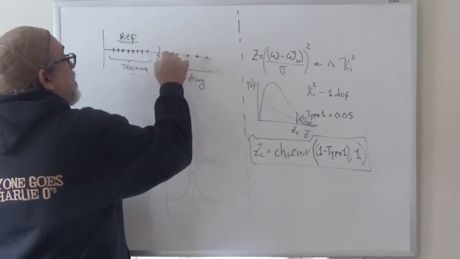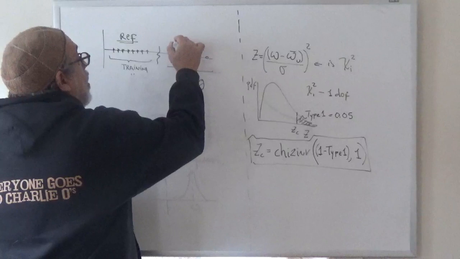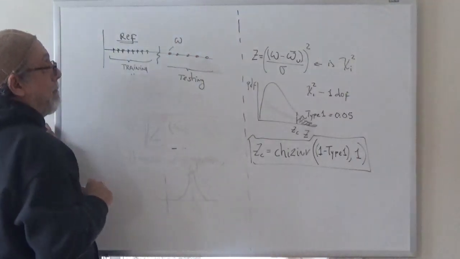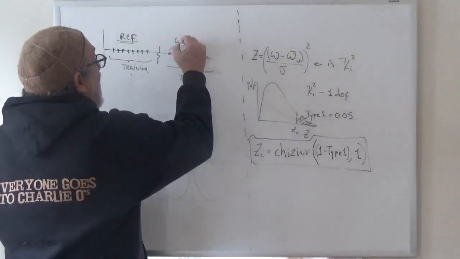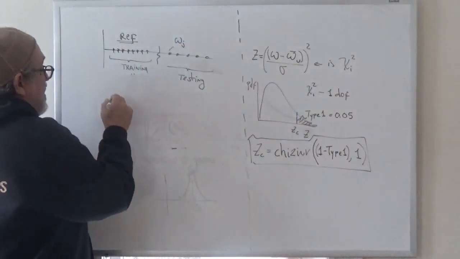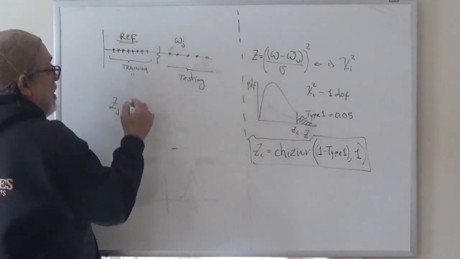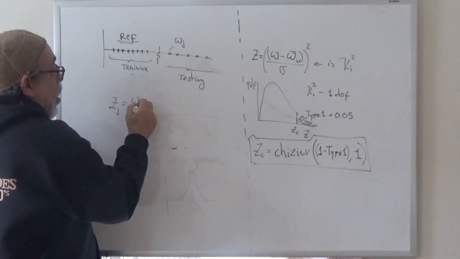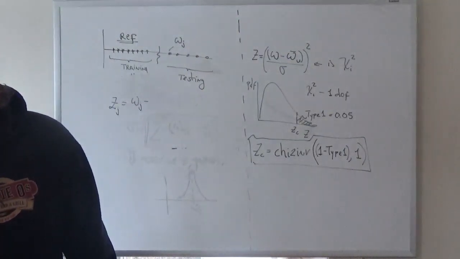Now when we obtain a value here of the frequency, we have that, let's say, omega j, and we say the z corresponding to that value under the null hypothesis. What does it mean under the null hypothesis?